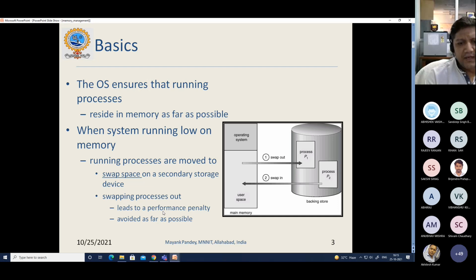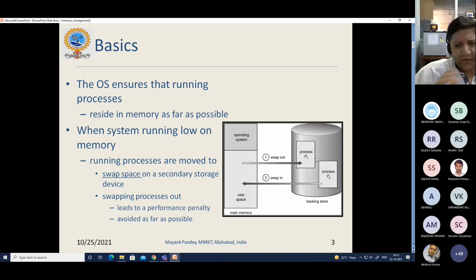Swapping processes out leads to a performance penalty, and you need to avoid this as far as possible, because in your computer system the slowest devices are your peripheral devices, like keyboard, printer, monitor, and your hard disk. So if you throw any process back into the hard disk, next time if you want to run it, that's a lot of performance penalty.